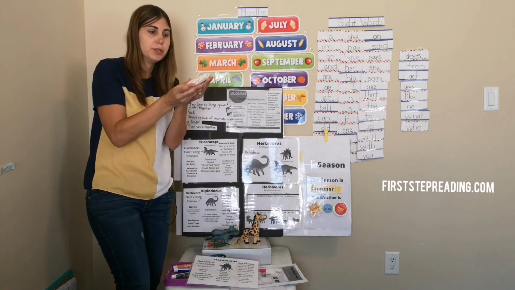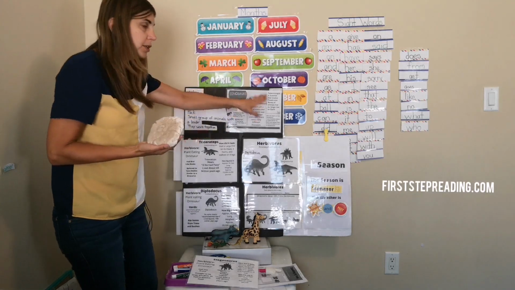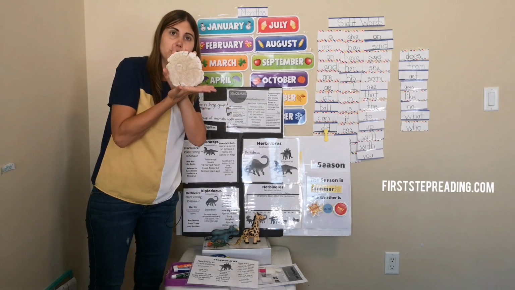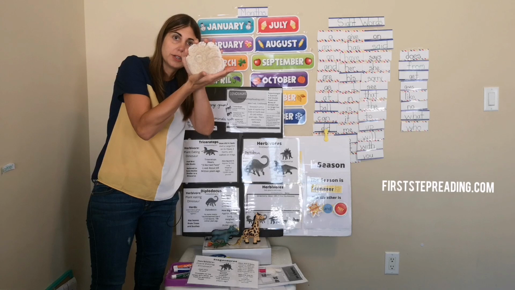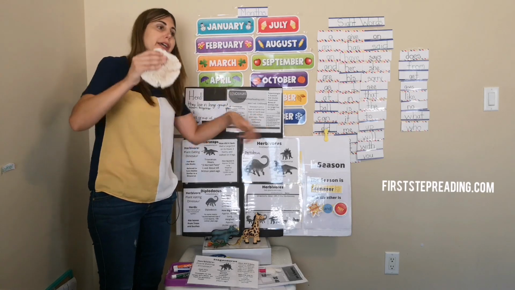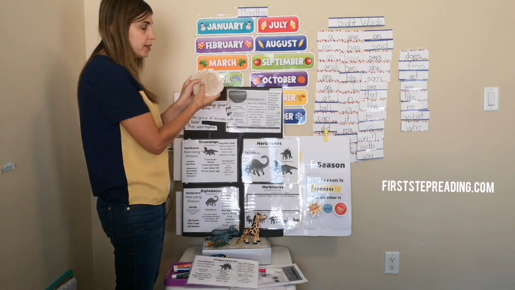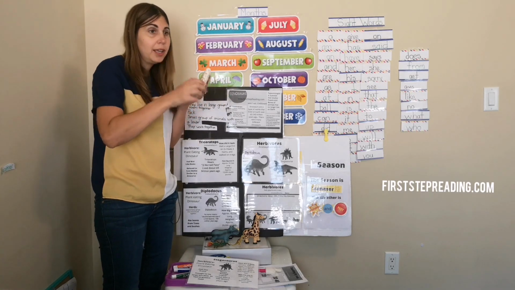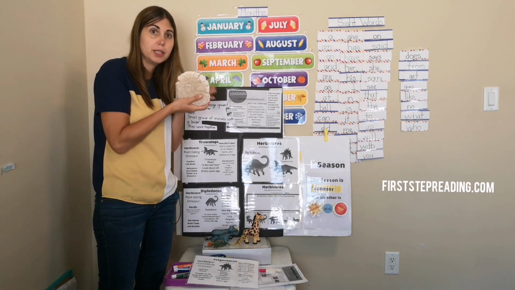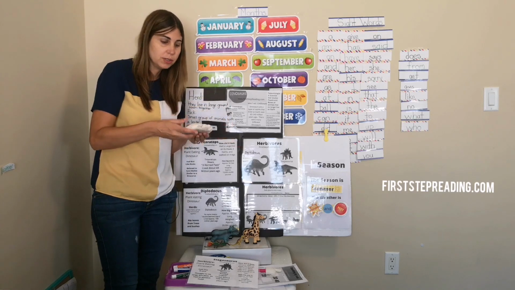This is a lot more similar to how paleontologists look for dinosaur bones because they're found in rocks. So it's not so easy. It's not like they just dig in the sand and they find a bone. They have to break open rocks and carefully get the bones out because they don't want to break their fossils.